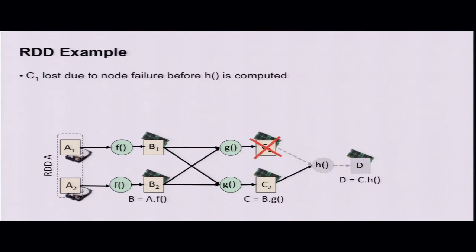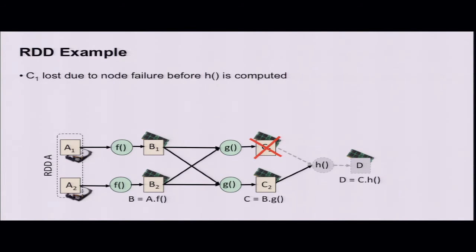Now assume that before H has a chance to get the input from partition C1, the node on which partition C1 resides has failed. What happens in this case? Well, Spark maintains with partition C1 all the operations which were used to create C1.